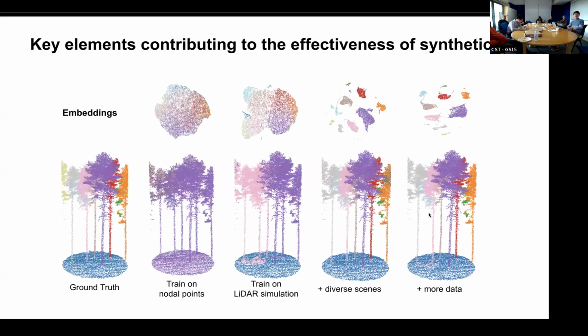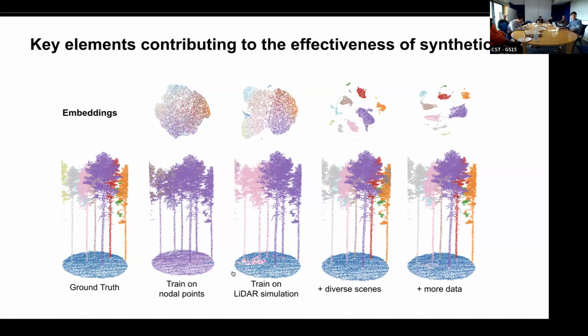And here's another qualitative check. On the leftmost, you have the ground truth. If you train only on the nodal points, you see that the embeddings can't disentangle from each other much, and in the segmentation results many trees are just clustered as a single tree together.